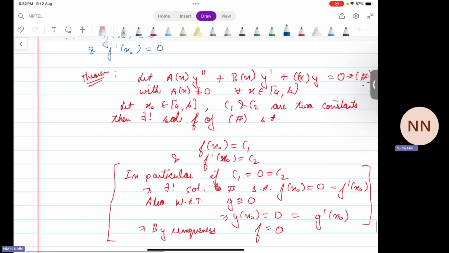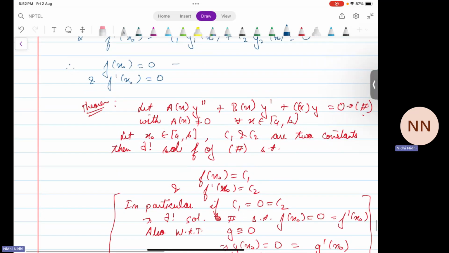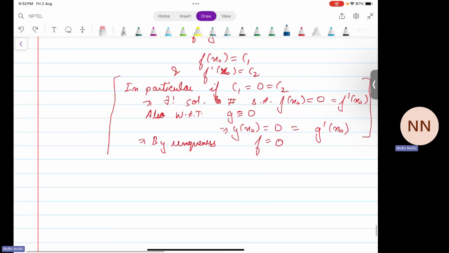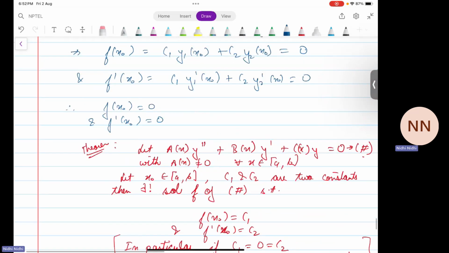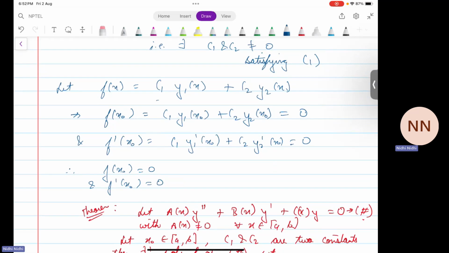Using this theorem, here also we have f(x naught) equals 0 and f dash(x naught) equals 0. This implies, by the uniqueness result, f must be equal to 0. And what was f? f was c1y1 plus c2y2.